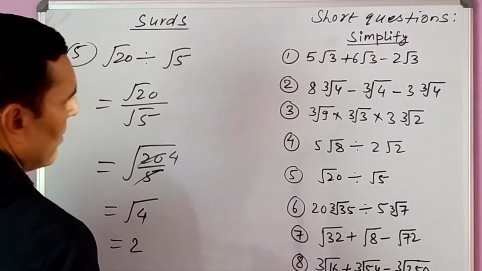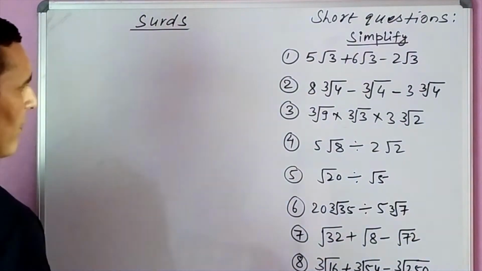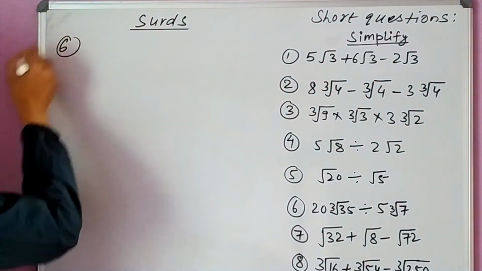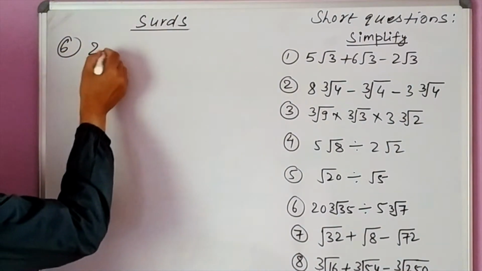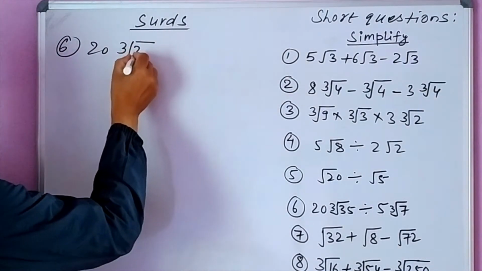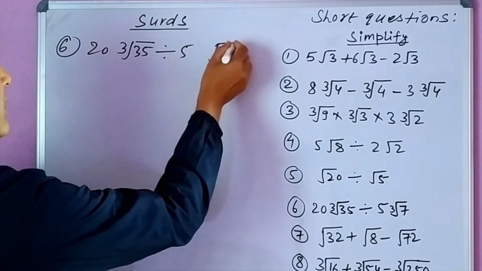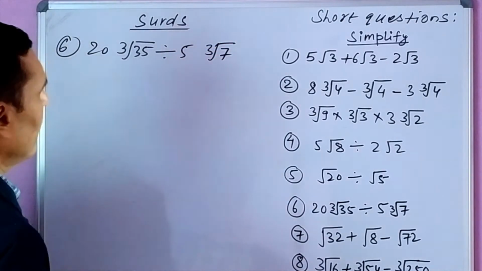Now let's go to the next question. Question number 6. It is cube root of 35 divided by 5 cube root of 7.